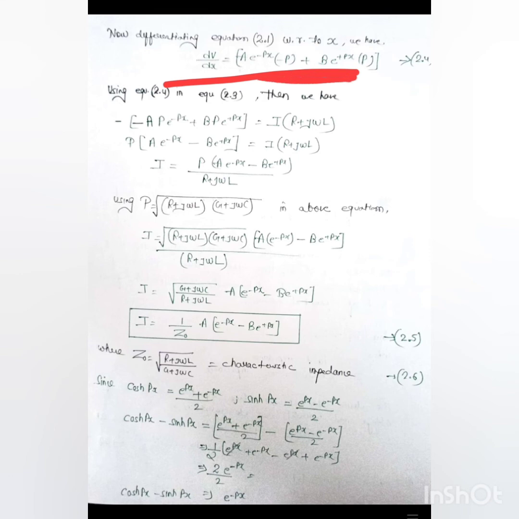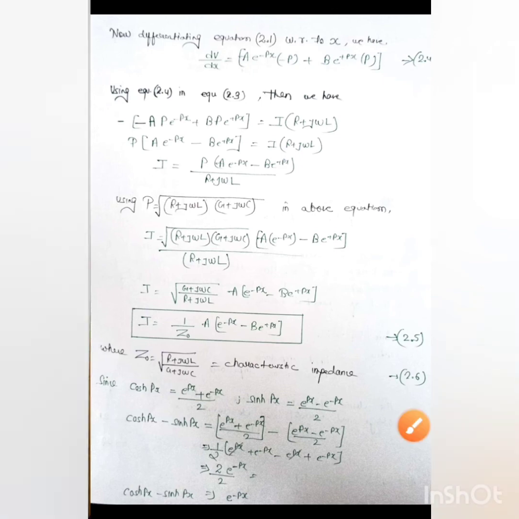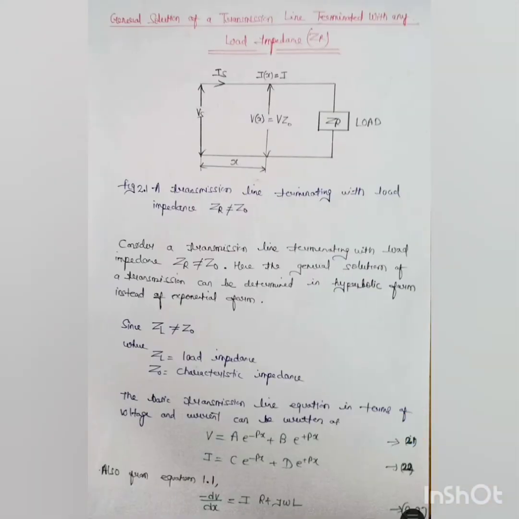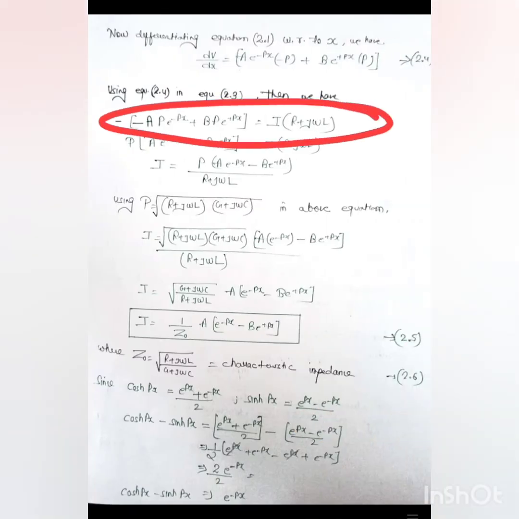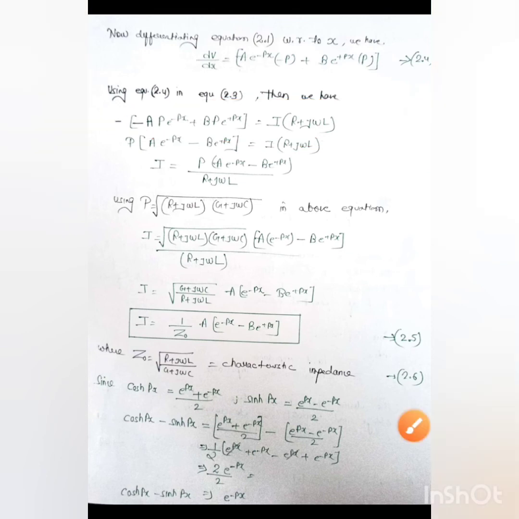which is equated with the voltage drop equation. Whatever dV by dx comes out is equated with this equation, and the negative sign is already there. After opening all this we get an equation that we write in terms of I: P times (A e raised to the power minus px minus B e raised to the power plus px) upon (R plus j omega L).